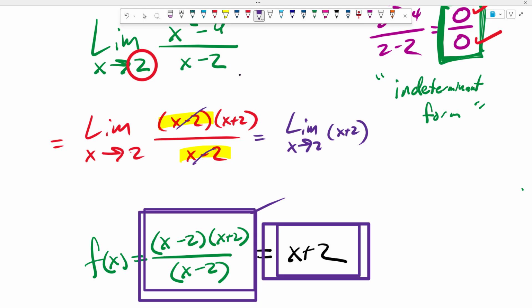Since we're approaching 2, we're never equal to 2, so these are always exactly the same number, and we can simplify it. So inside limits, common factors, we can simplify. And then we go back to our previous trick, which is direct substitution. We plug it in, and we get 2 plus 2, and the answer is 4.